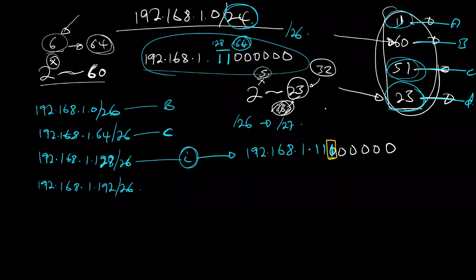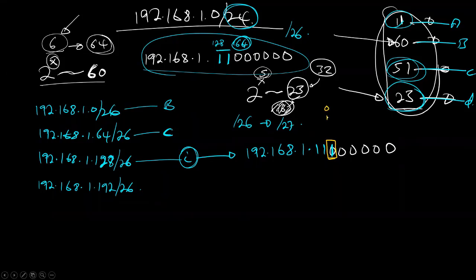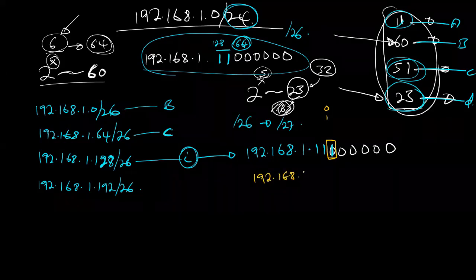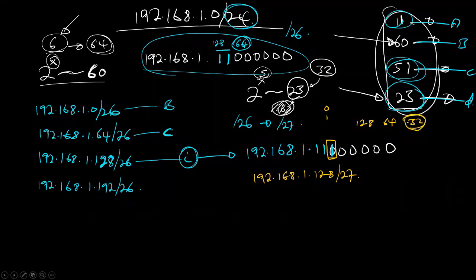This one can be a 0 or a 1. So now we have 192.168.1.128/27. We have borrowed from 128, from 64, and from 32. So we are going to be having 32 addresses.